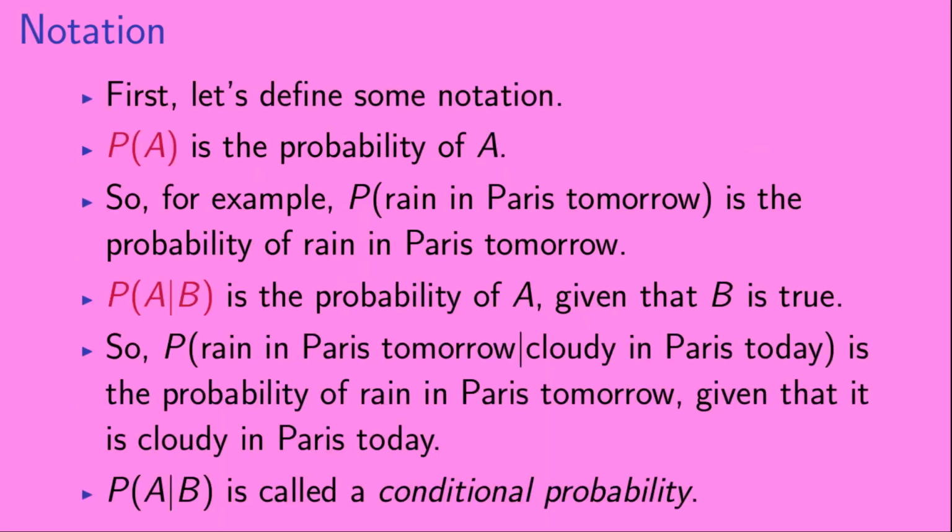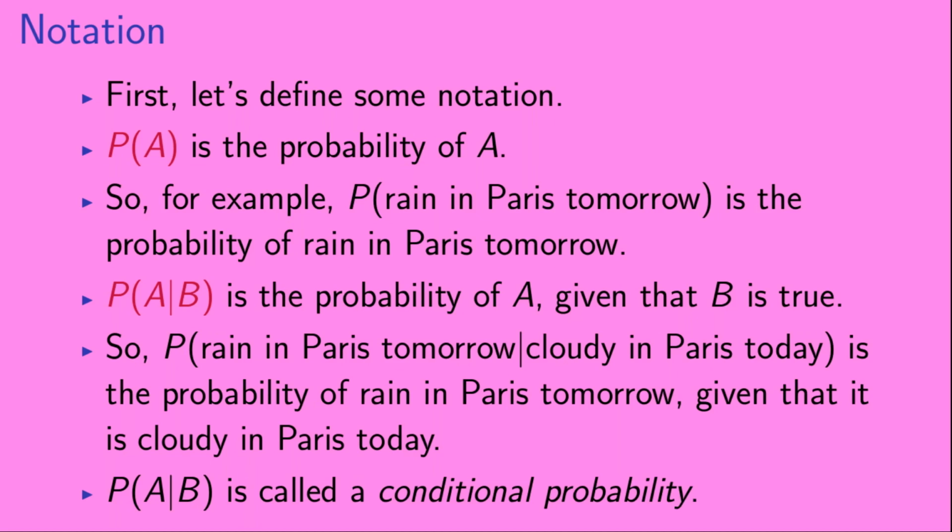Okay, so first, let's define some notation. First of all, P of A is the probability of A. So for example, P of rain in Paris tomorrow is the probability of rain in Paris tomorrow. Also, P of A given B is the probability of A given that B is true.